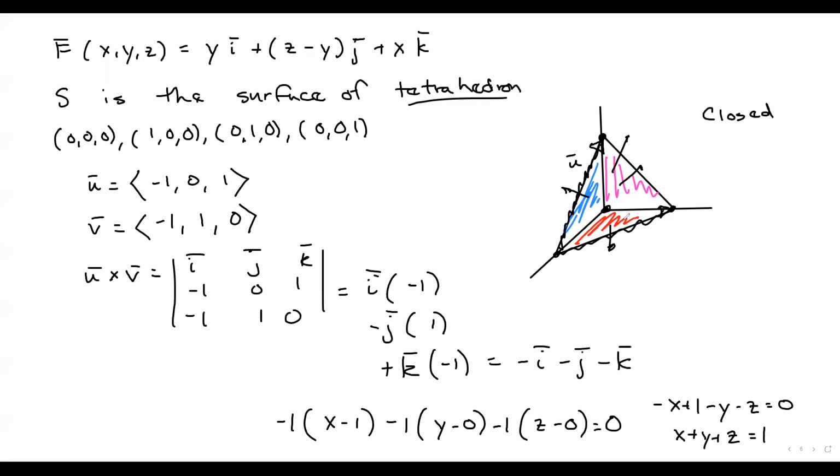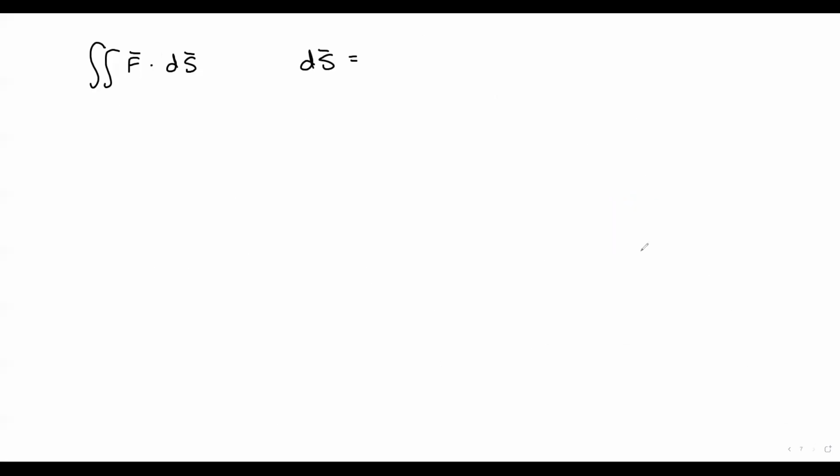For the front that's facing us, all the normal vectors are going to be pointing up. And so since we want an upward pointing normal vector, that means negative partial of z with respect to x i, minus partial of z with respect to y j, plus k.